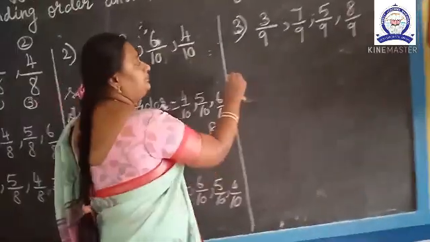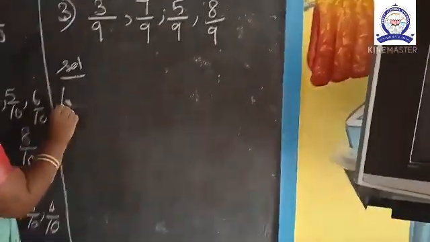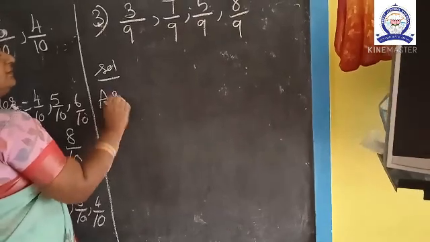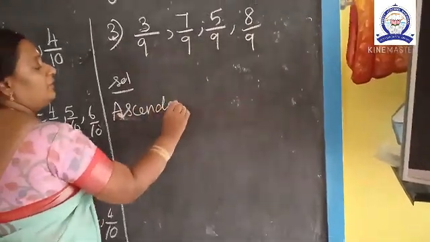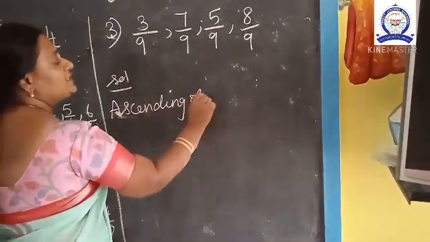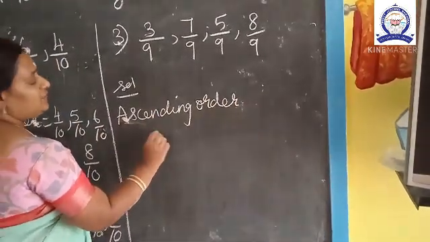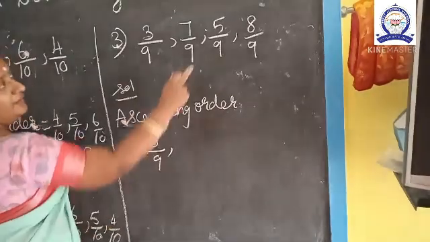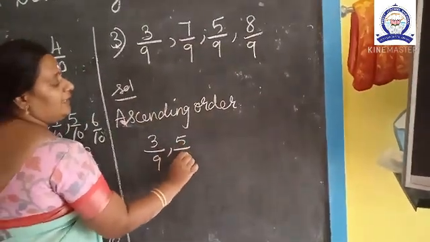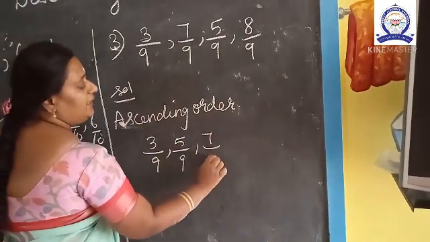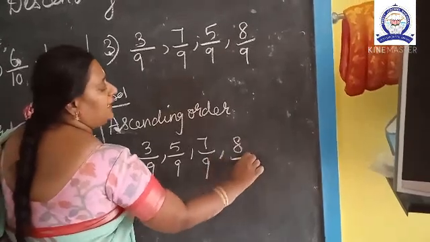Similarly, third sum, ascending order. So ascending order means small to big. You write in ascending order. First one is 3 by 9, then 5 by 9, then 7 by 9, comma 8 by 9.